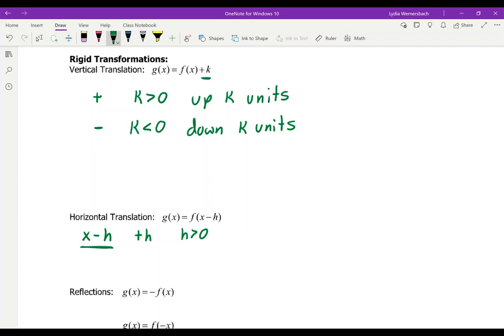But in actuality, we would be moving to the right h units. Okay. Similarly, if we had x plus h, that actually means because the equation is x minus h, this is a negative h. So h is negative, and we'll be moving the opposite of what we think. We'll move left h units.